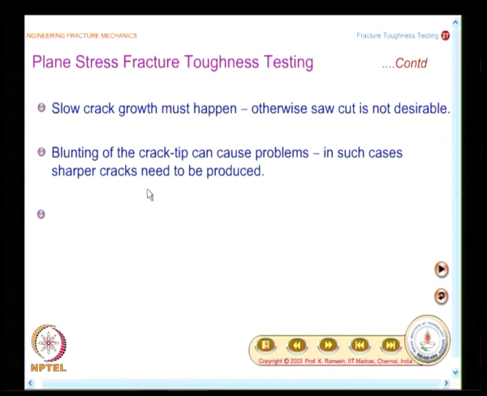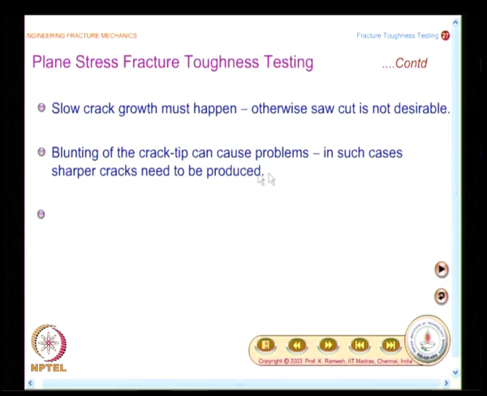So, one of the problems is blunting of the crack tip. If you have a saw cut which is wide enough, because of plastic deformation, and you know in the case of plane stress situation you will have a larger plastic zone, the crack tip may get blunt.